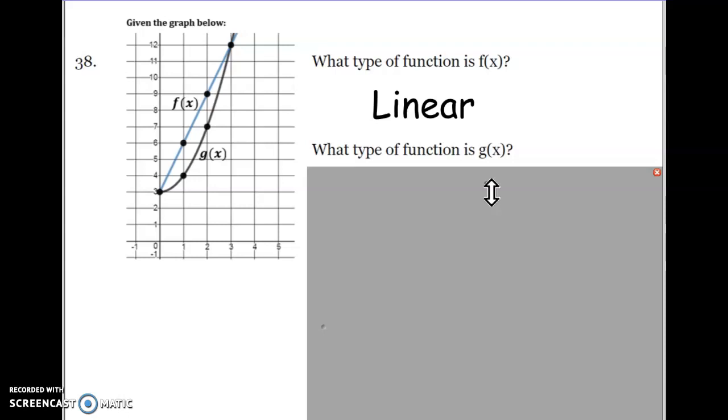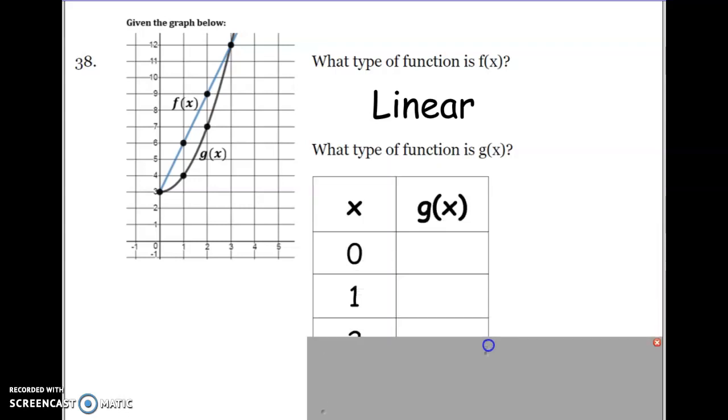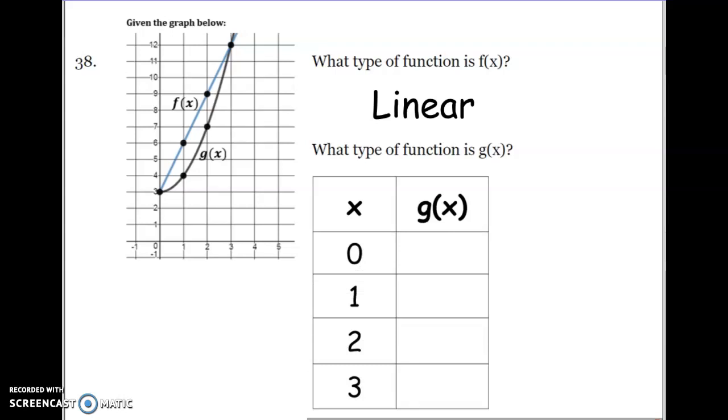And there was a question similar to this on our unit test, and we might assume automatically that it looks exponential just because of the curve. But you guys know enough about parabolas now to know that they curve as well. So I really want to be careful when I'm looking at the type of function for g of x and maybe organize my information in a table first before I make that decision.